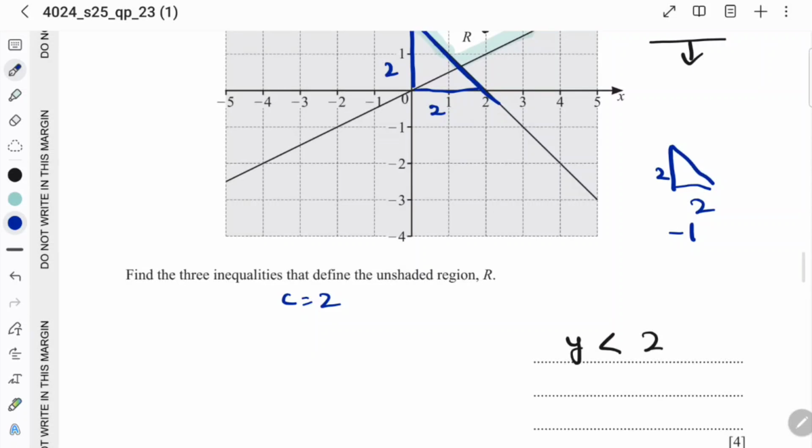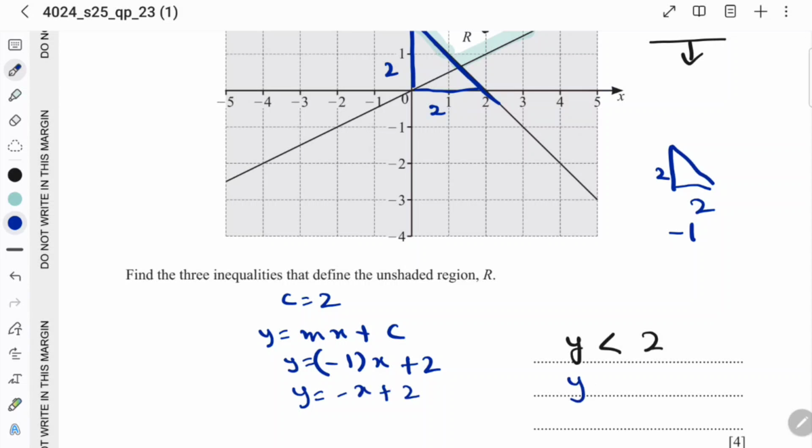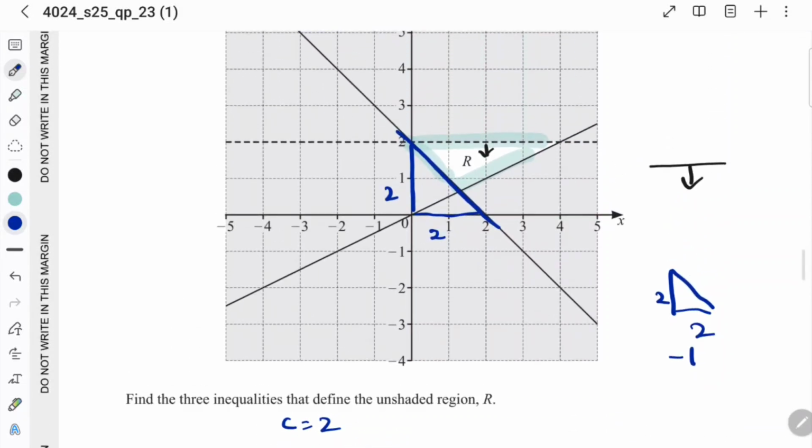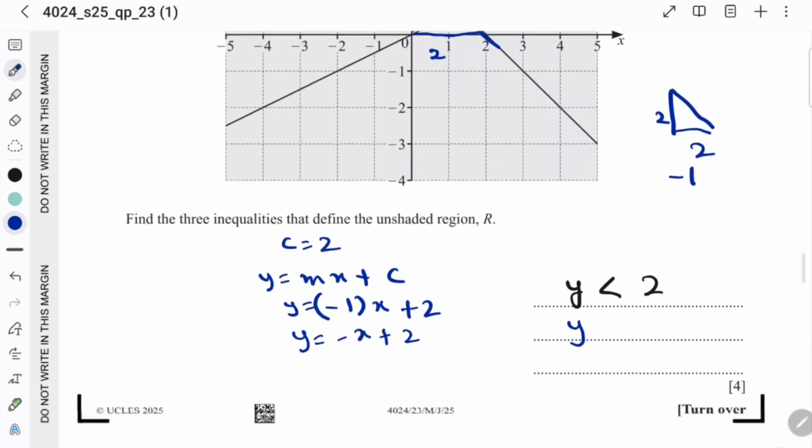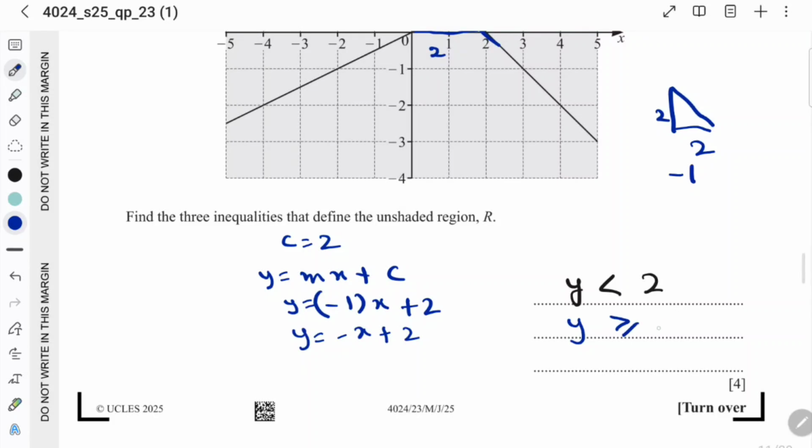So y equals to mx plus c, y is equals to minus 1 x, coming at 2. So y is equals to minus x plus 2. So y, and it's not a dotted line, and your region is above it. So y is greater than equals to minus x plus 2 or 2 minus x.